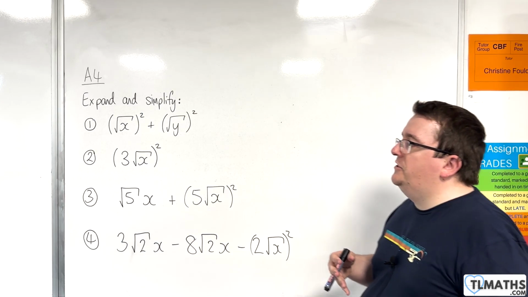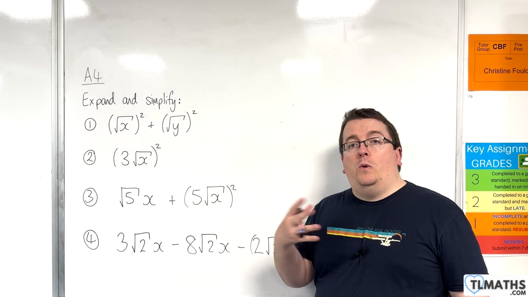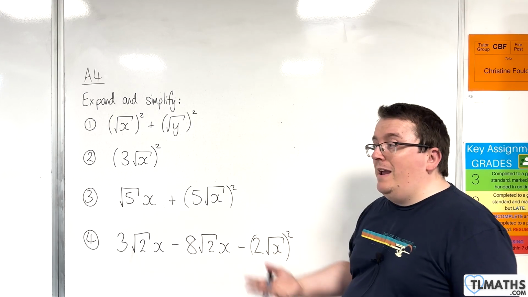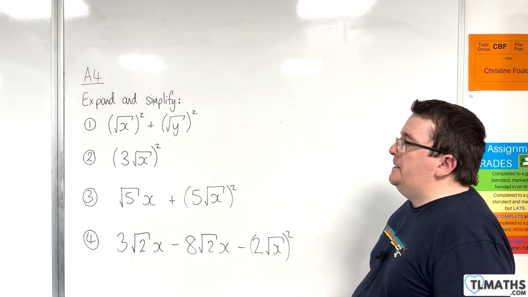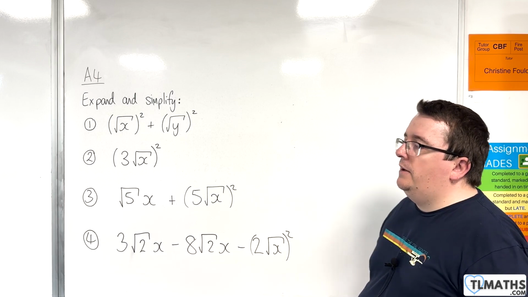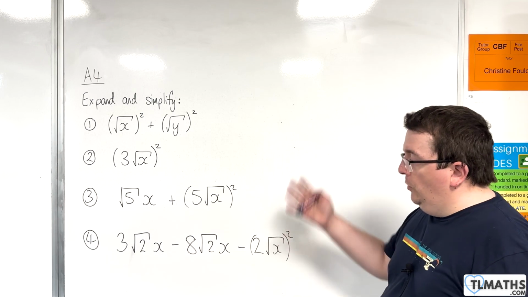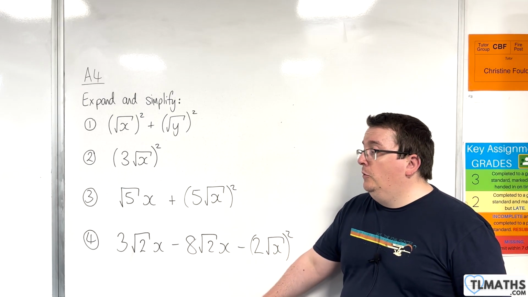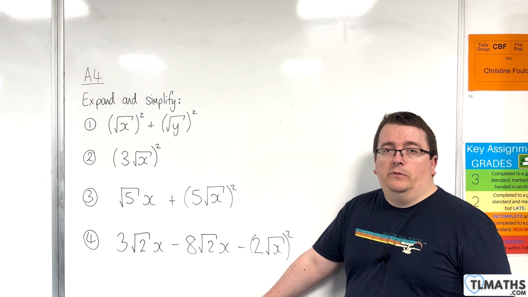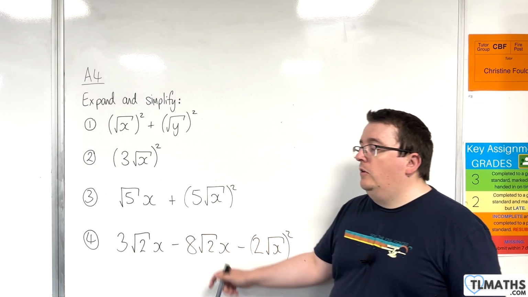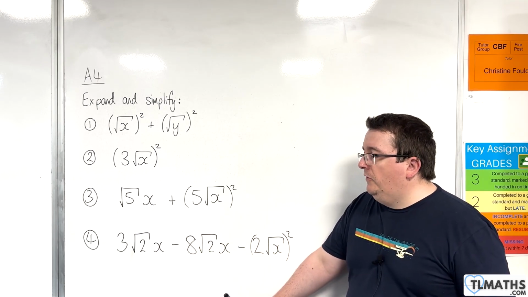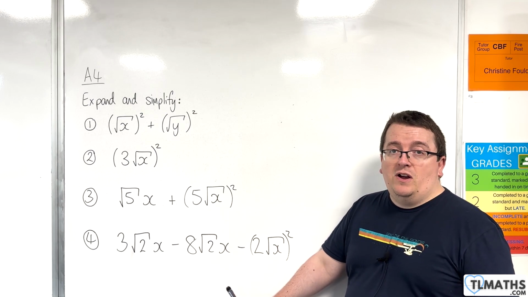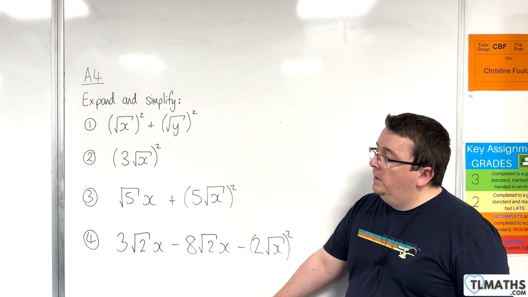It's just really understanding what the square root symbol is in relation to squaring, for example, and how you can simplify that, which I'll be showing you in this video through these 4 examples, and also just some collecting like terms, which I'm going to show you here as well. We'll go through some examples of working with single brackets and double brackets in the next 2 videos as well.